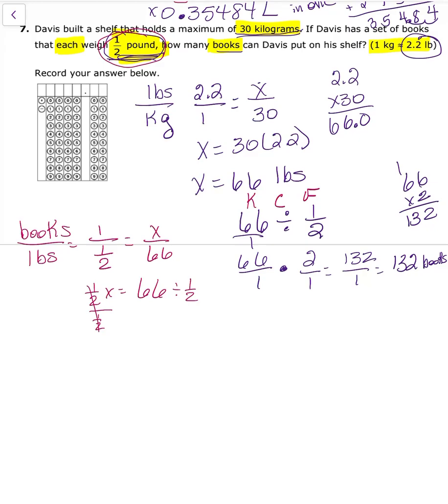So anytime you have a multiplication or division situation, you just have to figure out what you're comparing, and then you can set up a proportion, and your proportion will tell you if you multiply or divide. Okay, so just keep that in mind. Proportions are great tools to help you problem solve. Okay? All right.